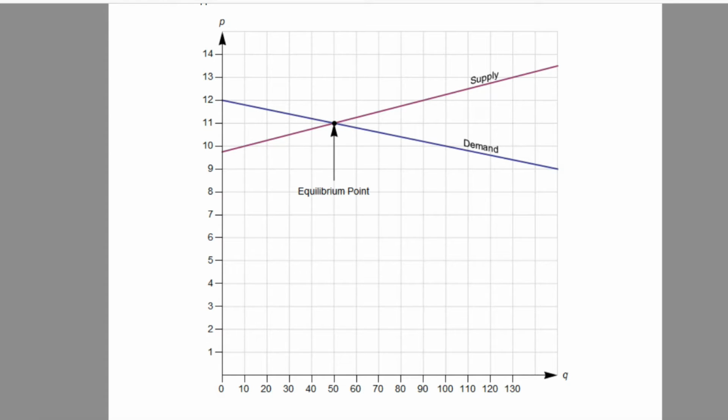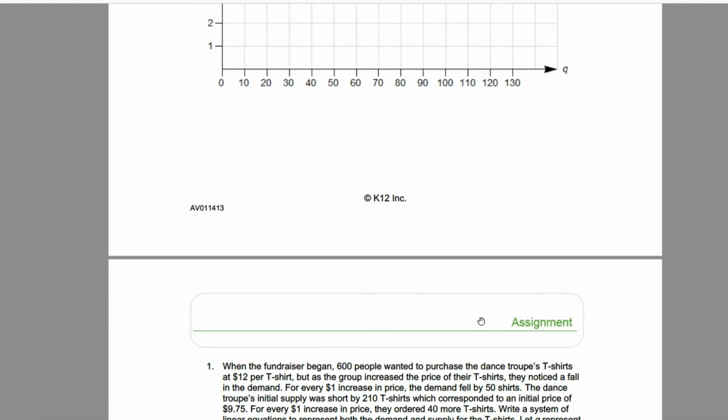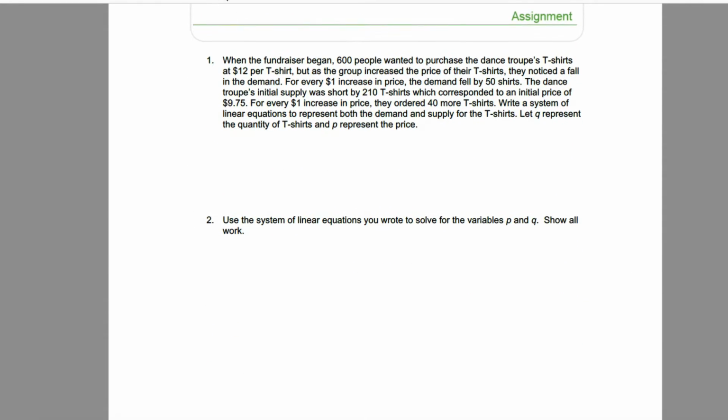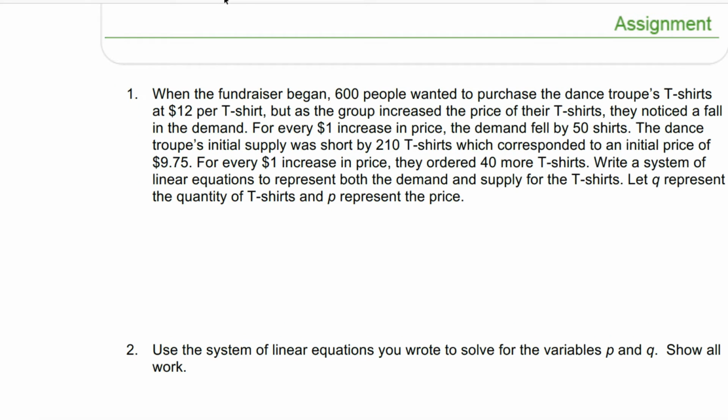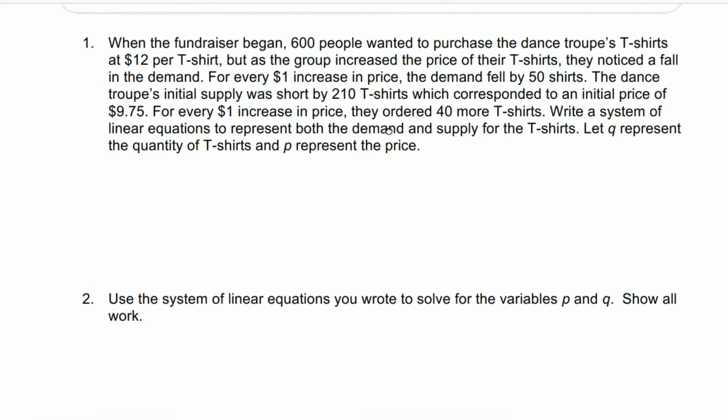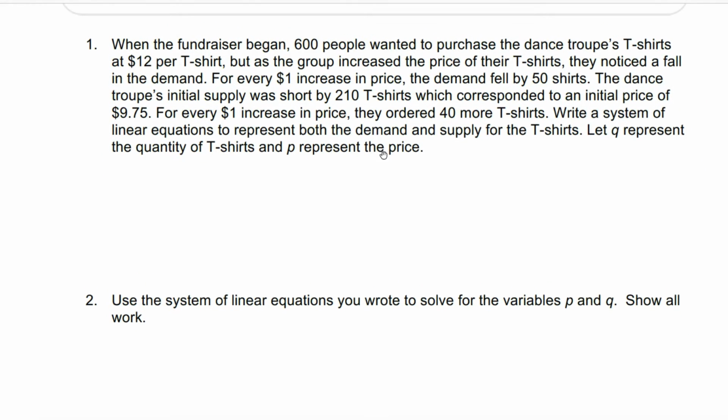Now let's go ahead and go through some of the questions here. When the fundraiser began, 600 people wanted to purchase the dance troupe's t-shirts at $12 per shirt. But as the group increased the price of their t-shirt, they noticed a fall in demand.